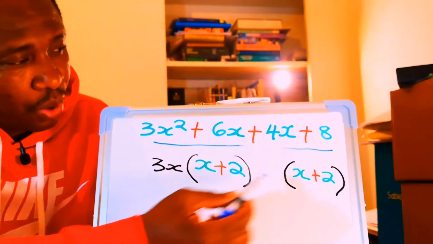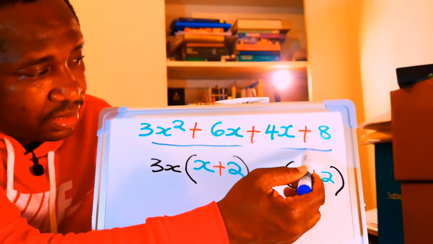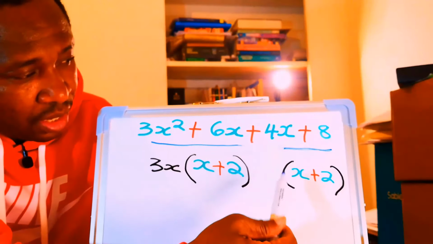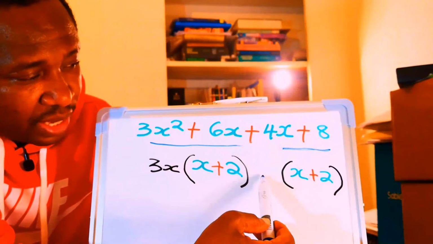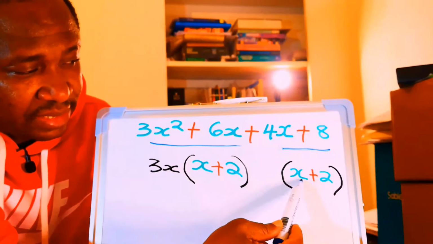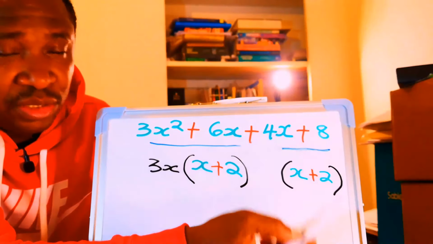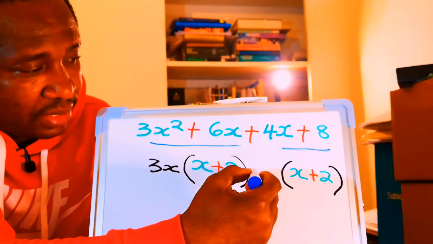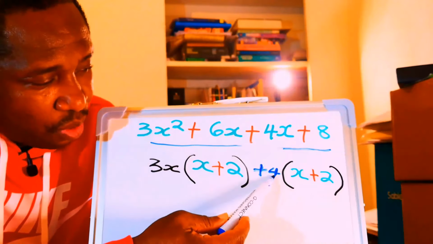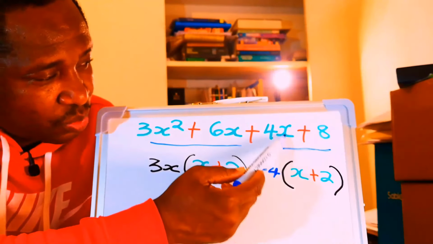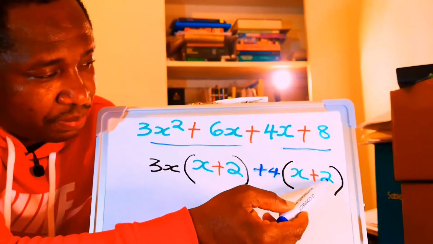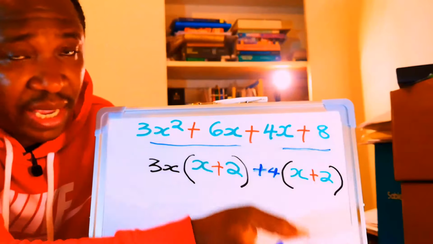Next, we're going to consider the third term and the fourth term. Here, I need to put a value or a number so that if I multiply it by this x, I will get the third term, and it's going to be plus 4. So 4 multiplied by x will give me 4x, and this 4, if it multiplies these two, is going to get 8.